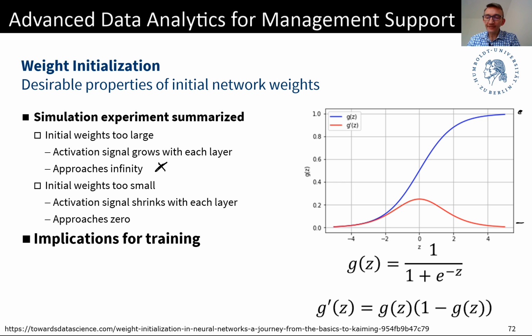What happens if the other situation occurs? The initial weights are small. Sorry, red is a bad choice. Let me pick green. Or rather blue. Green sort of signals something that is good. This is not a good situation either. If the initial weights are too small, so the output of our neural network is essentially 0.